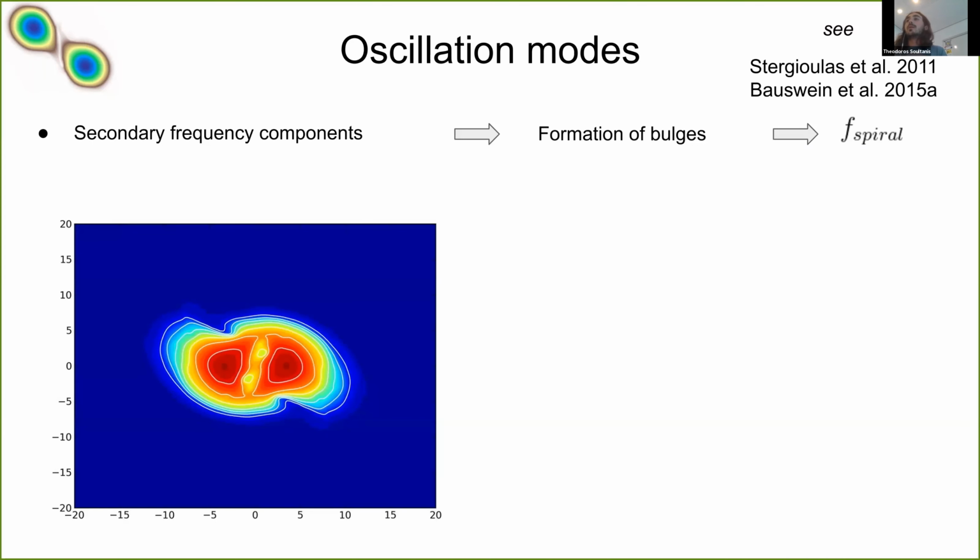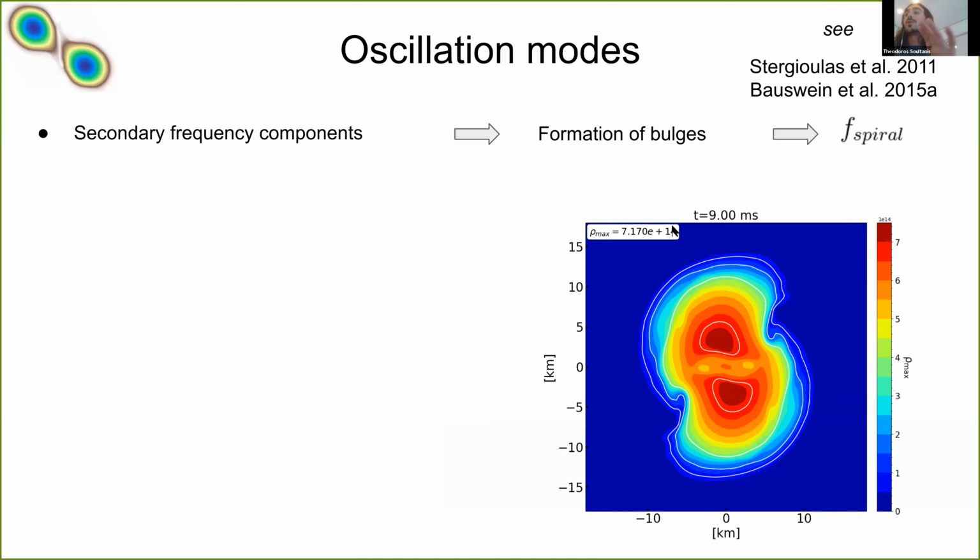Now I will briefly give you some information about two secondary components in the power spectra. Of course, I invite you to read the original papers by Stergioulas and Bauswein and their collaborators, 2011 and 2015, where they introduced these concepts. I will not show the movie because it will not work, but one of the components has to do with the fact that when we have a newly formed remnant, we end up with some bulges on the faces of the remnant.